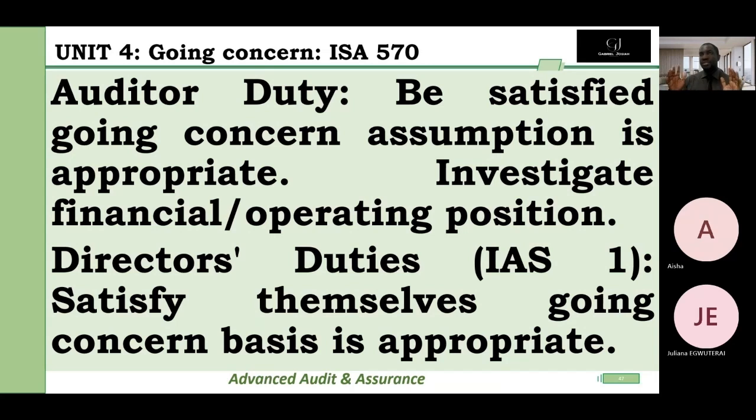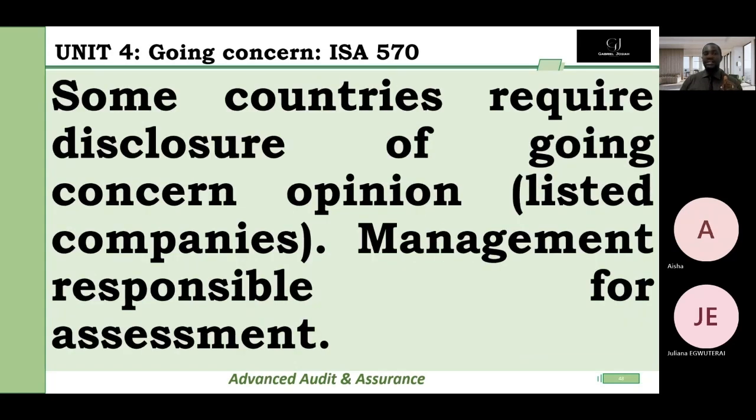So this assumption must be stated in the financial statements presentation. So the auditor's duty is to check that the directors have factored this into the financial statements and that it is well stated.